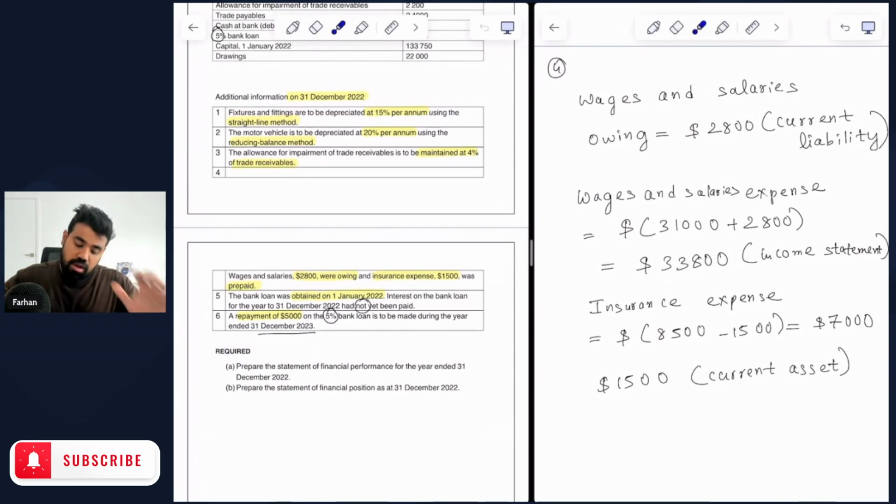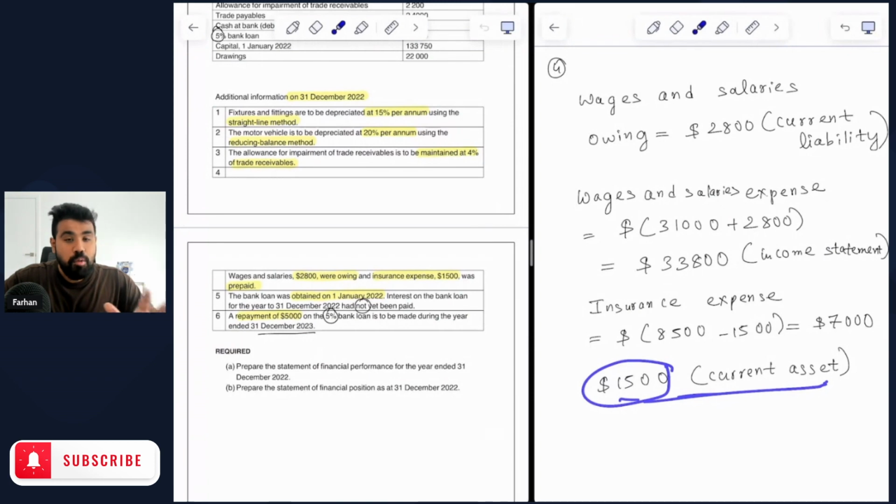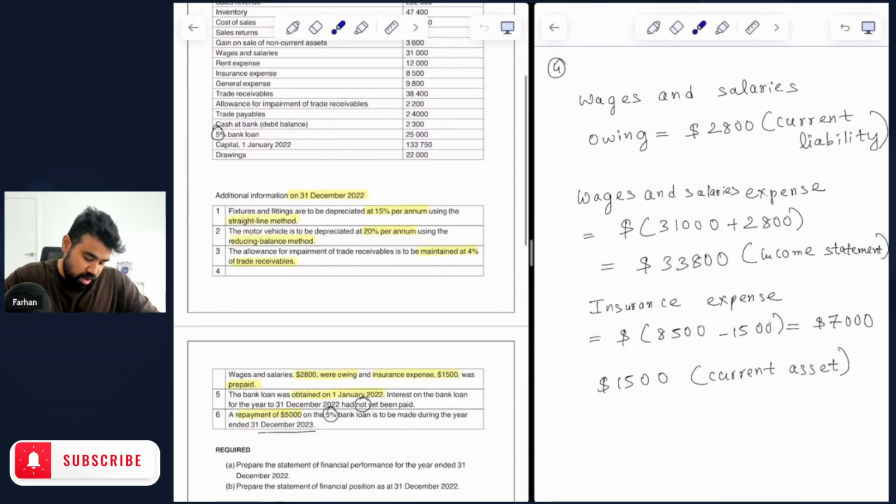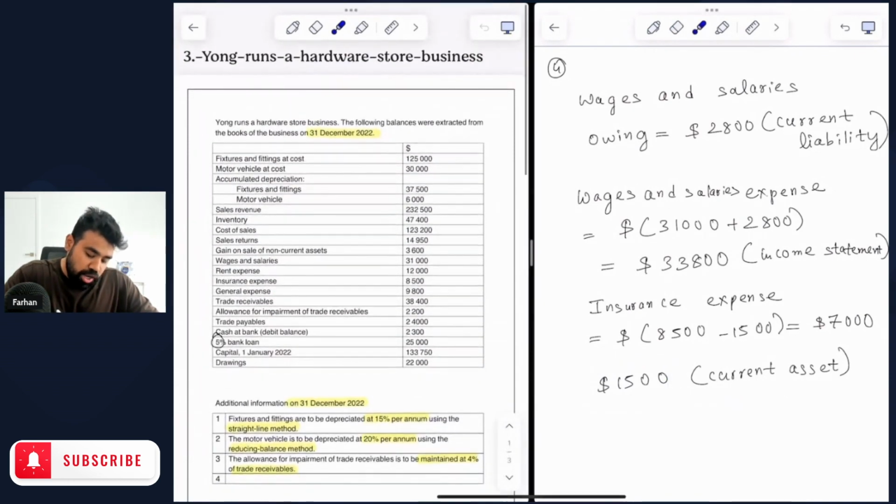And because this is a current asset, you must include this in the statement of financial position under the current assets section of $1,500. Now, how much should we show in the statement of financial performance or the income statement? So let's check the table that we're given here. You can see the total amount for insurance that is shown here is 8,500.